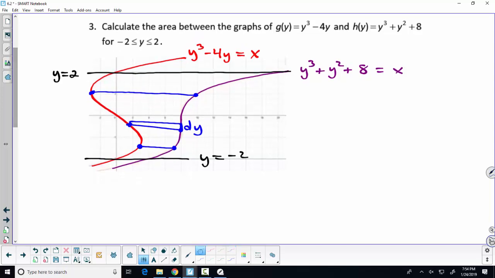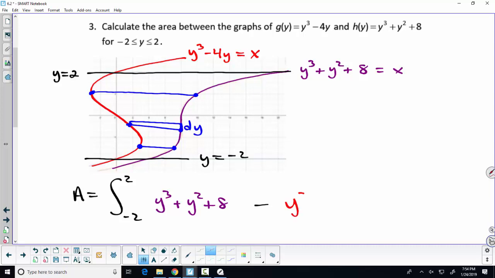Okay, so what does the setup look like? The area is given by what? The integral of y cubed plus y squared plus 8 minus y cubed minus 4y dy.